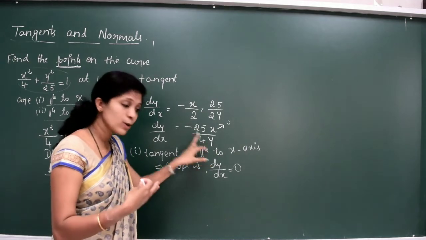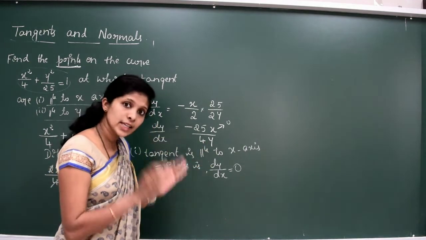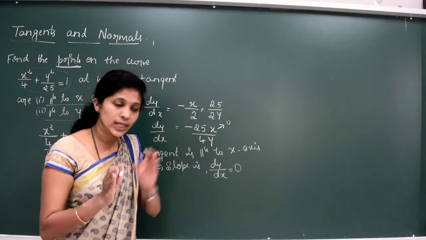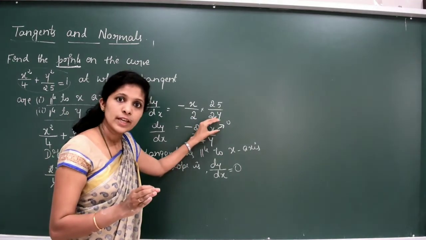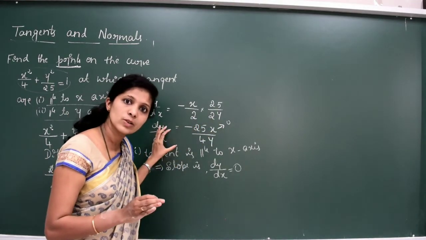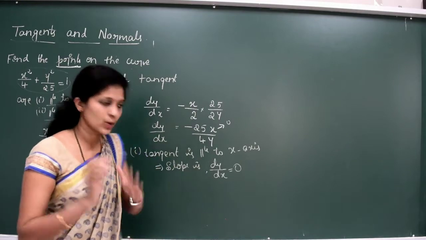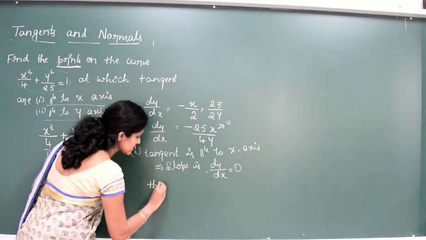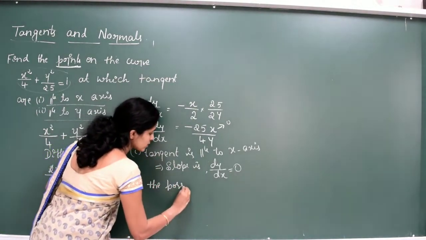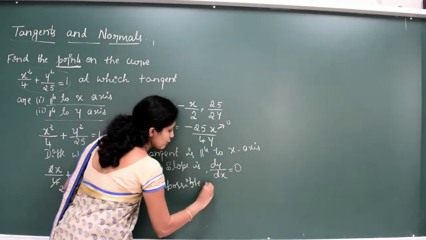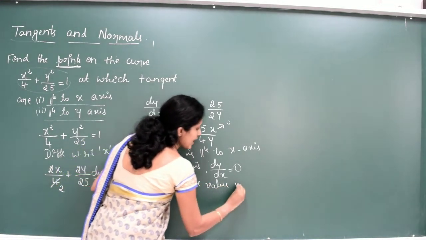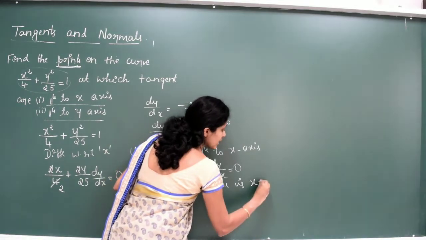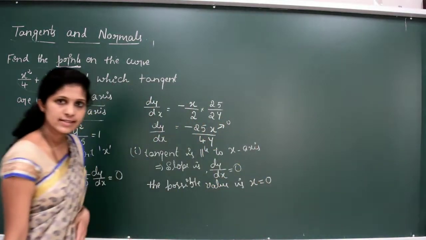But we need the value of dy by dx to be 0. So the only possible value is x equal to 0. If x is equal to 0, obviously we will get dy by dx as 0. Is it clear? The possible value is x is equal to 0.